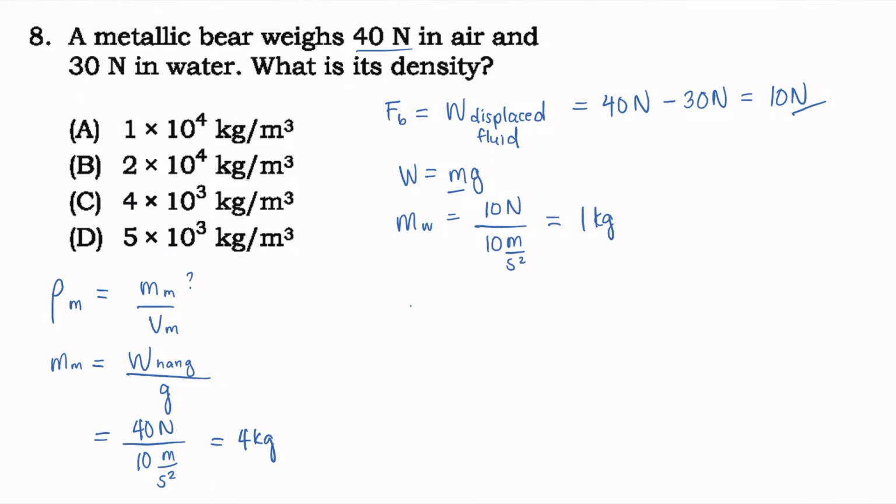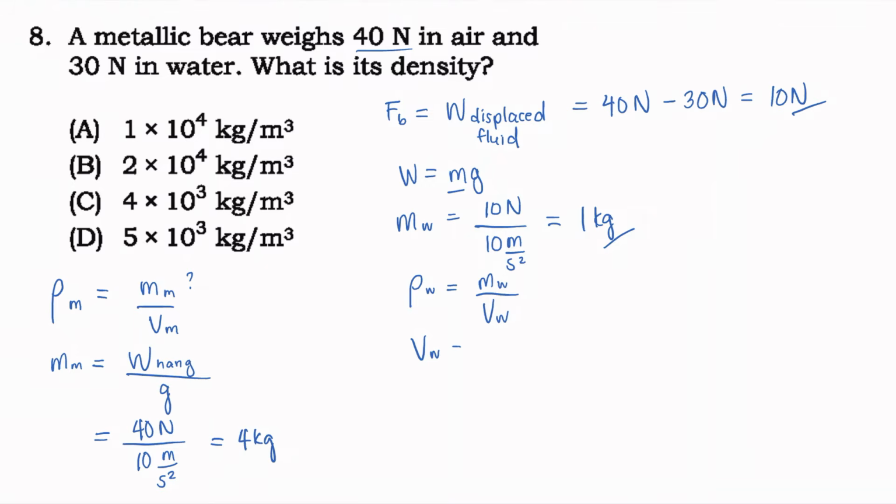And then, para mahanap natin yung volume ng displaced water, gagamitin natin ulit yung formula ng density. Density ng water is equal to mass ng water over volume ng water. Meron na tayong mass. Hanapin na lang natin yung volume.